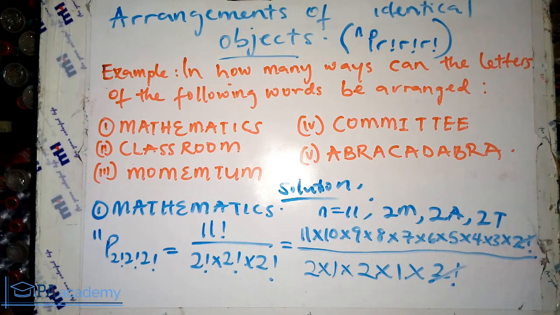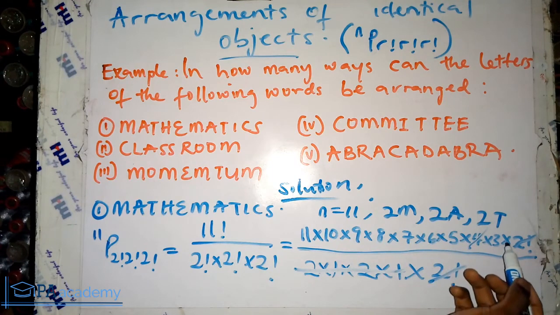Now let's simplify this. We have 2 times 1 times 2 times 1, that's 4. So you can cancel the 4 on the denominator against the 4 in the numerator. Now we multiply 11 times 10 times 9 times 8 times 7 times 6 times 5 times 3.